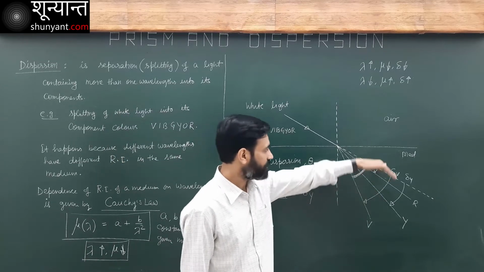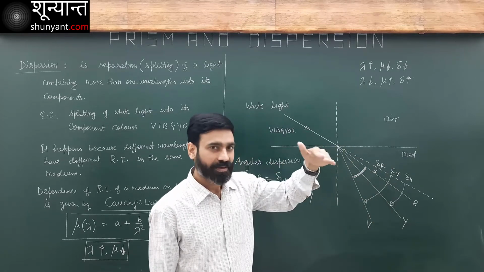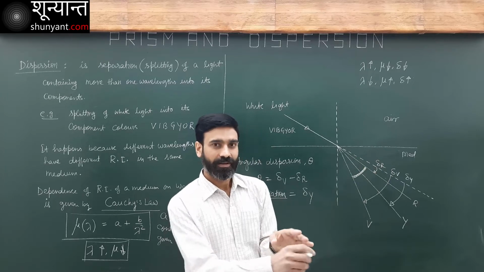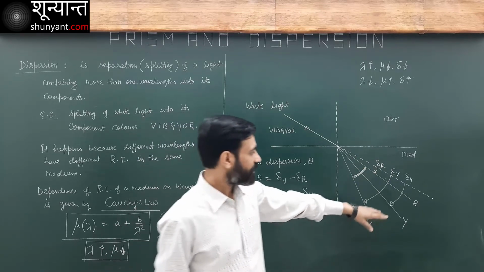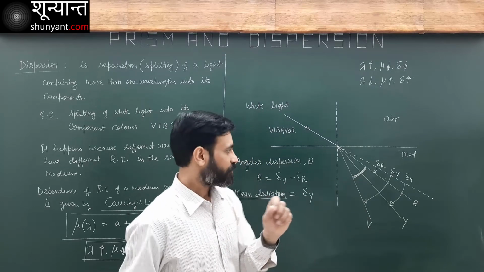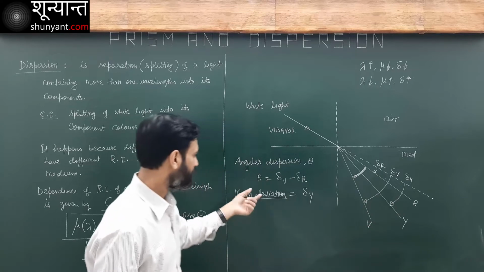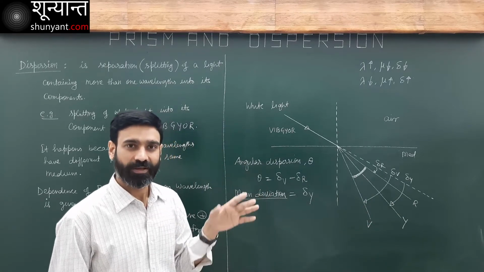Red has minimum deviation, violet has maximum deviation, and the other colors lie between these two extremes. If you talk about the average, yellow is approximately in between. So the deviation of the yellow color is known as the average deviation or mean deviation. Mean or average, both are the same.